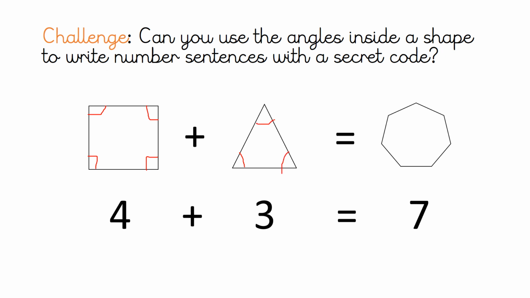Now if I add 4 and 3, that's going to make 7. So I needed to draw a shape that had 7 angles. So your challenge is to draw shapes yourself and see if you can write a number sentence with a secret code inside.